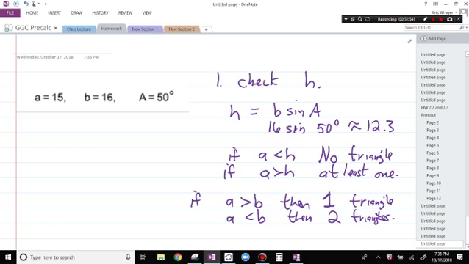So find that number first, and then compare it to A to make sure we should even get started. Because if A is not bigger than the height, then I can't even make a triangle. Right? So this is the first condition you have to pass before we even start looking for it.